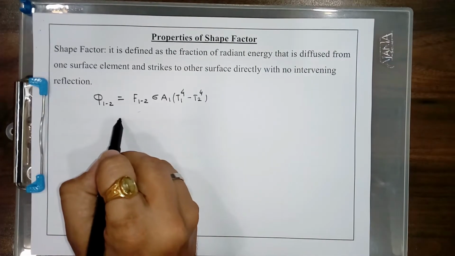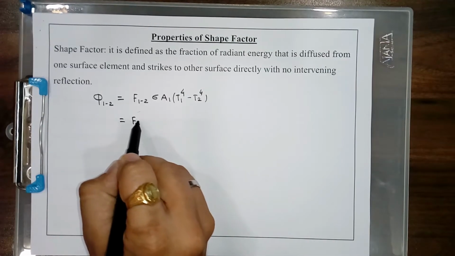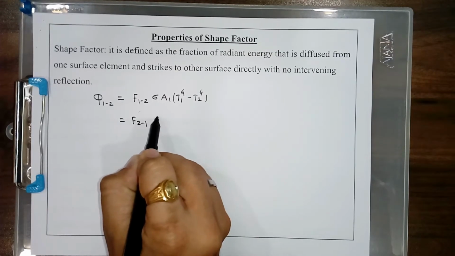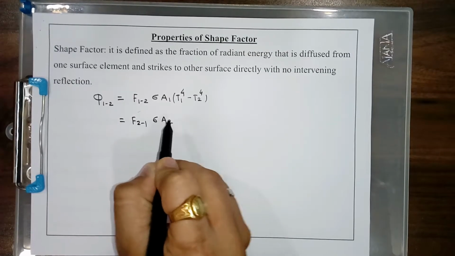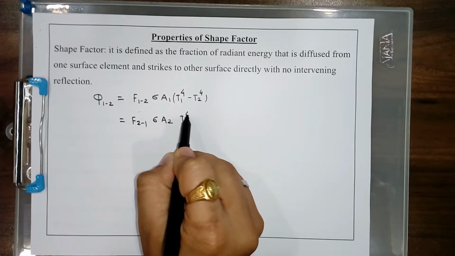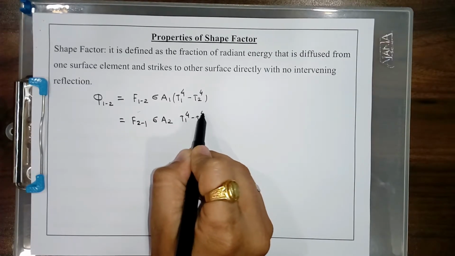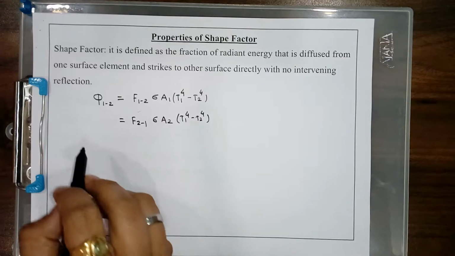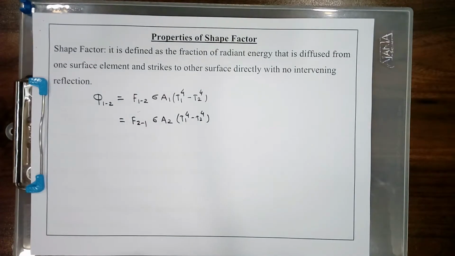Similarly, we can also write it as F21 into sigma A2 into (T1 to the power 4 minus T2 to the power 4). This formula is used to calculate the heat exchange between two black surfaces.